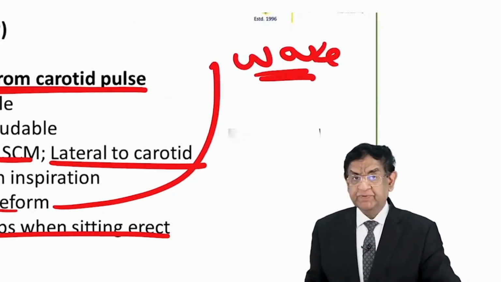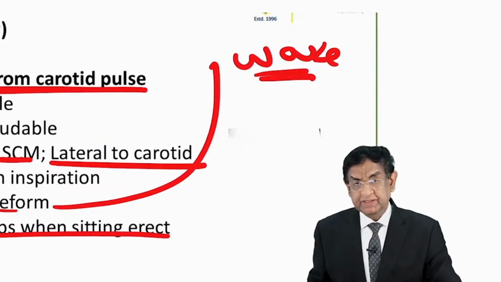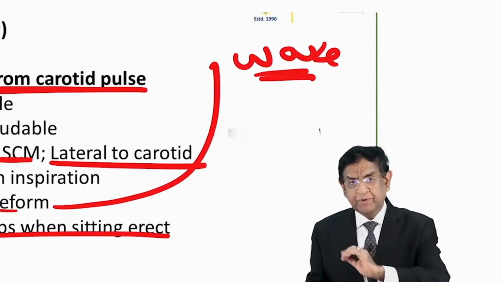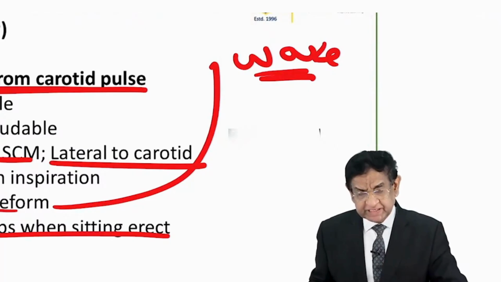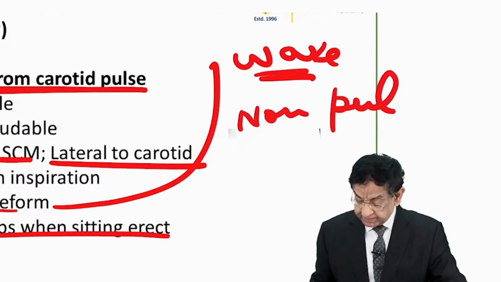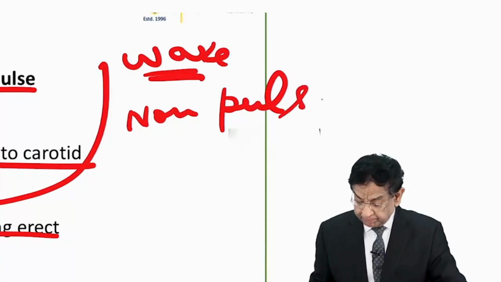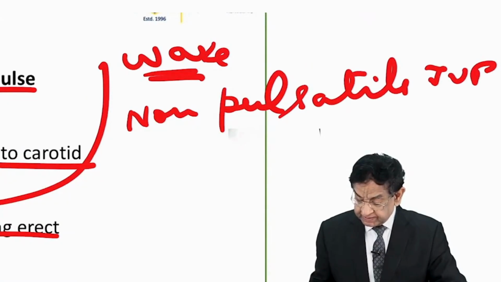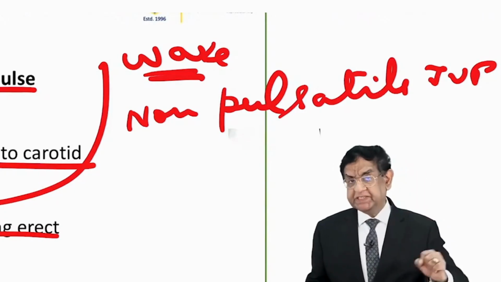Now comes a very commonly asked question. So we get a pulsatile type of JVP, and the classical question, non-pulsatile JVP. That means you are not getting any pulsation in the JVP.